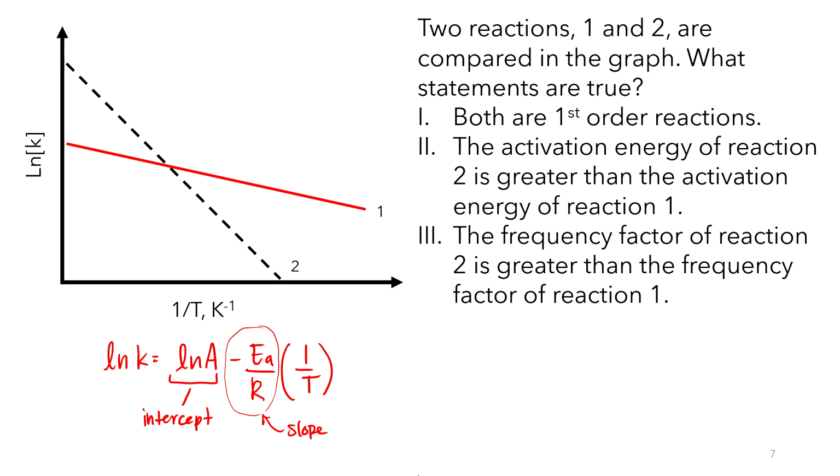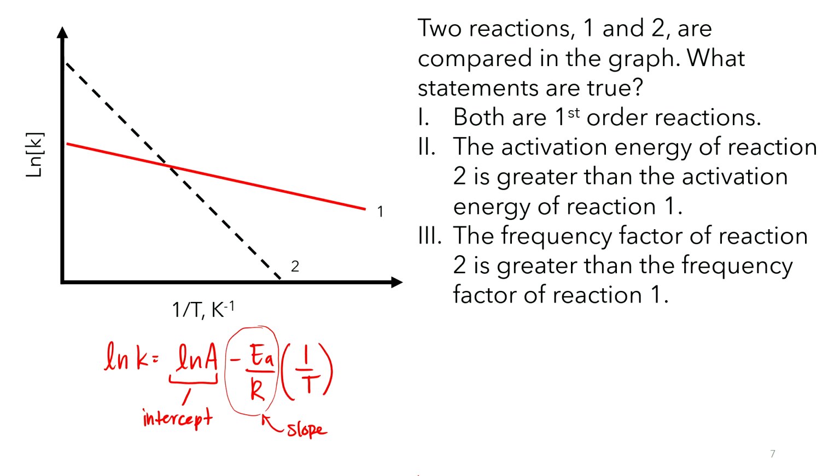So we're doing true or false statements. Give me a thumbs up for true or a thumbs down for false. The first statement here: both reactions are first order. They have to be first order. Is that true or is that false? Good. This is an intentionally tricky question.